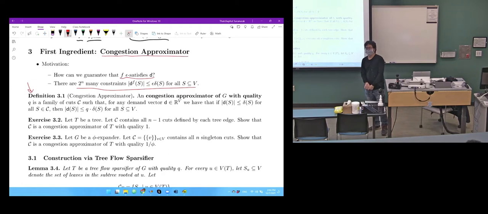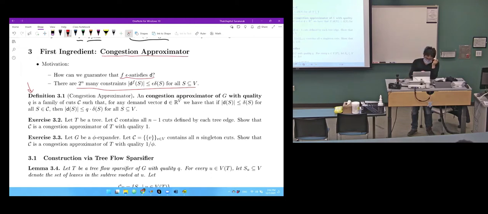The question is, can you find some small family of sets that is kind of a representative of this 2 to the n? Can you just check that this condition is true for not too many sets and you're done? Can that be possible? That's what congestion approximator is for.